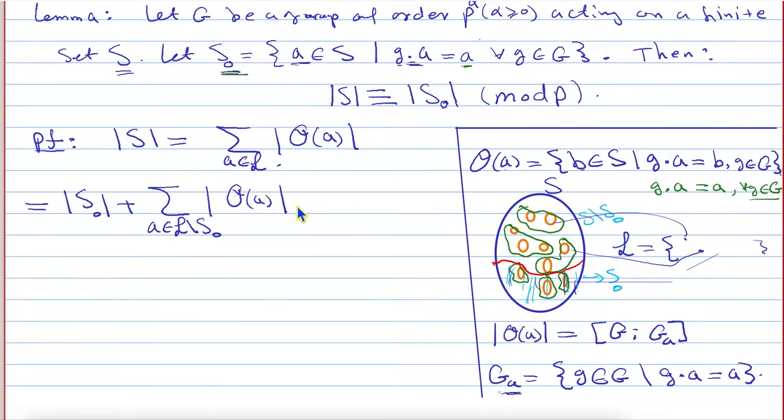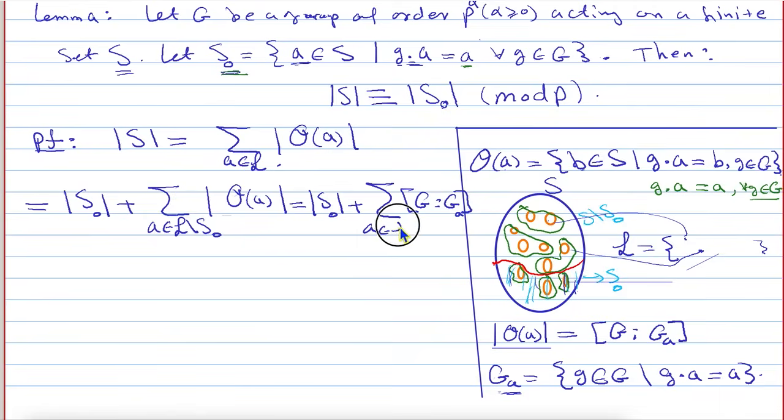And this itself equals the size of S naught plus a summation, where from the orbit-stabilizer theorem we can replace the size of the orbit by the index in G of the stabilizer of A.